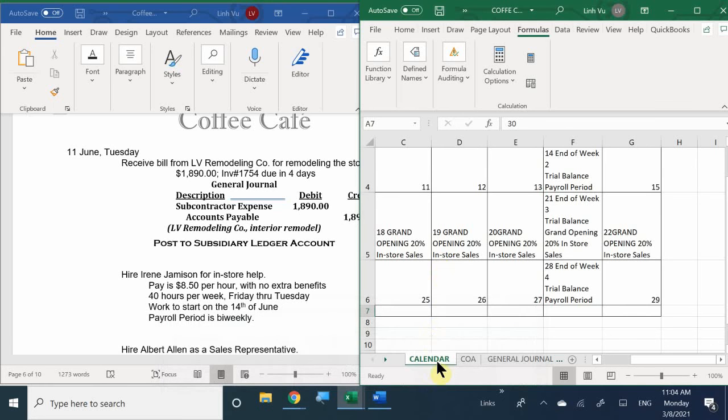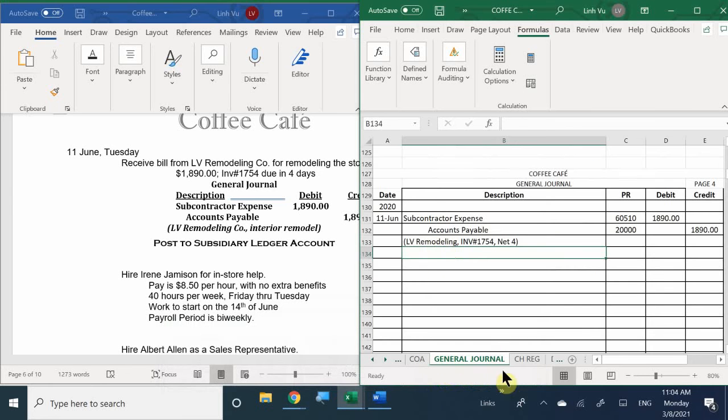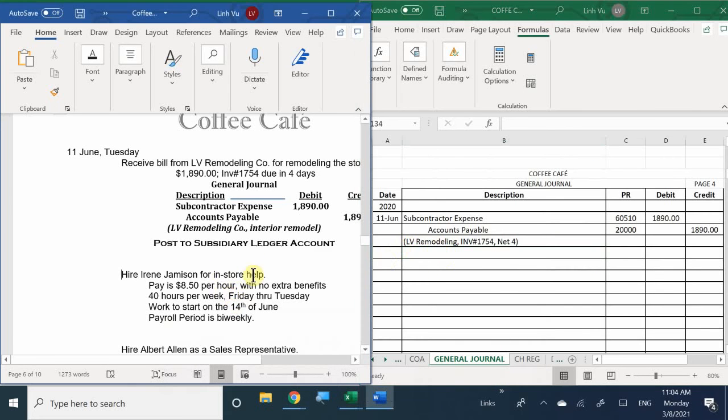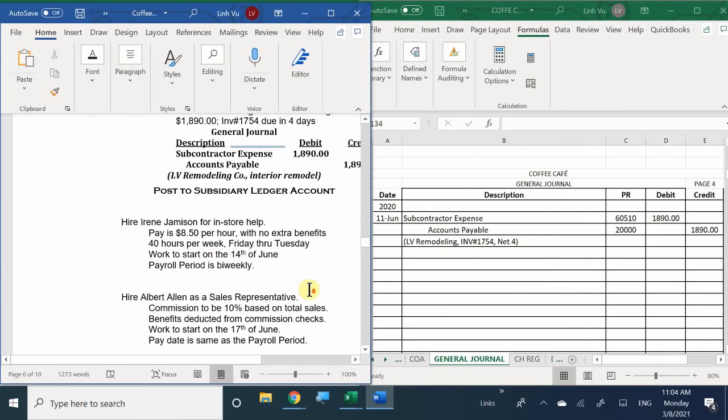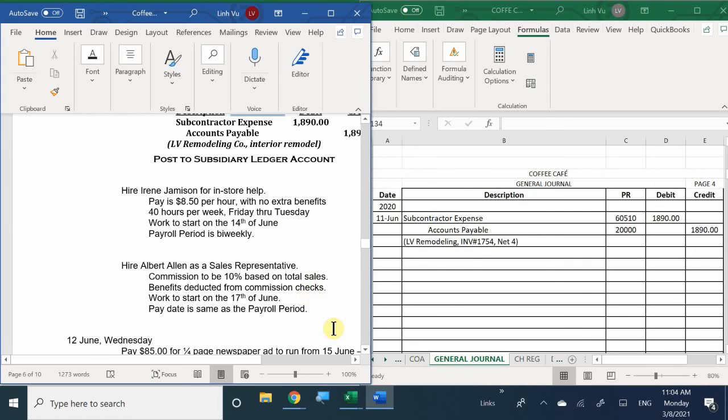Okay, so we go back to my general journal. Here we are. So now that we have Irene in our system, what happened next? Hire Albert Allen, okay, as what? Sales representative. Okay, so what else is going to be in there?